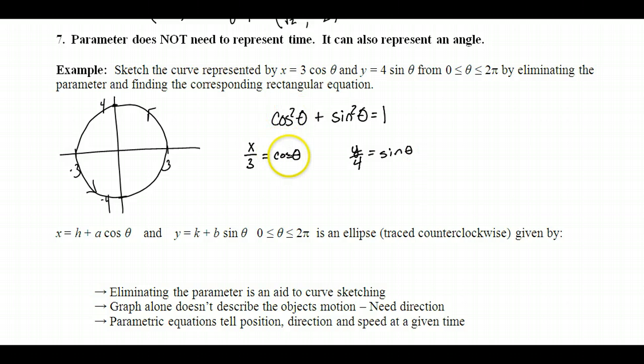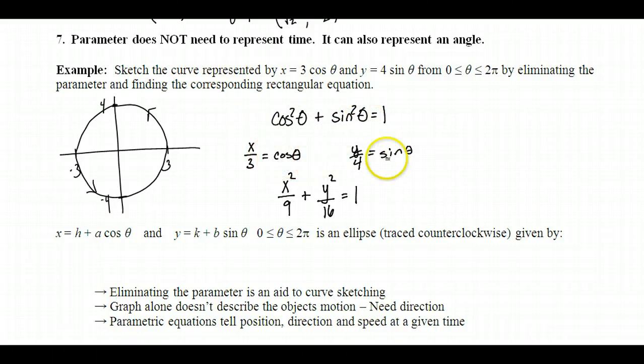So if I take my cosine and square it, I obviously have to square the left side as well. So I have x squared divided by 9 plus my sine squared gives me y squared divided by 16. That's equivalent to 1. It's really easy to write these, and you will always end up using that Pythagorean identity.